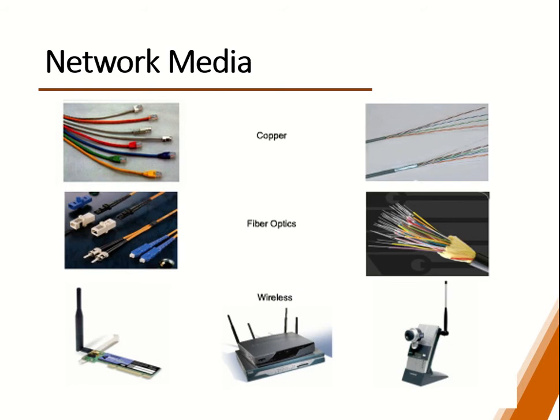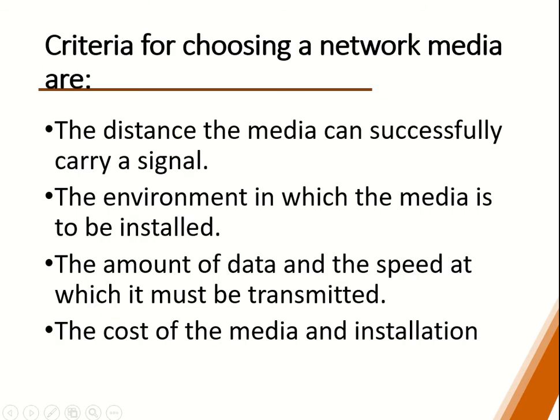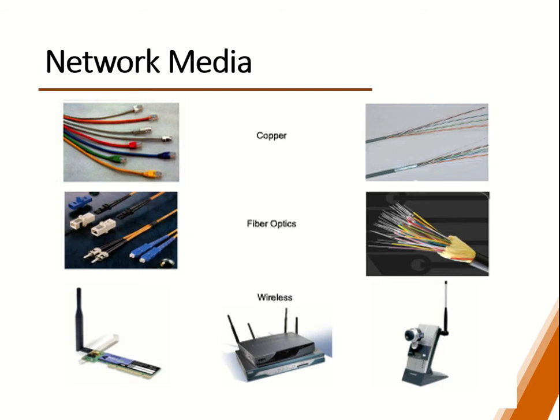So mga chapter 6 or 7 yata to siya, and i-discuss nato na siya in detail dito. Alright. So there are criteria for choosing a network media. First, the distance the media can successfully carry a signal. Alright, kung unsa kalayon. Therefore, kaning mga categories sa atong network media, there are standards or there are limits, no, wherein stable ang iyang connection.